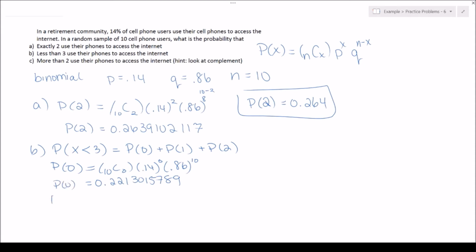P of 0, P of 1, just change the x value to 1. Remember, these exponents have to add up to our n, which is 10 in this case.